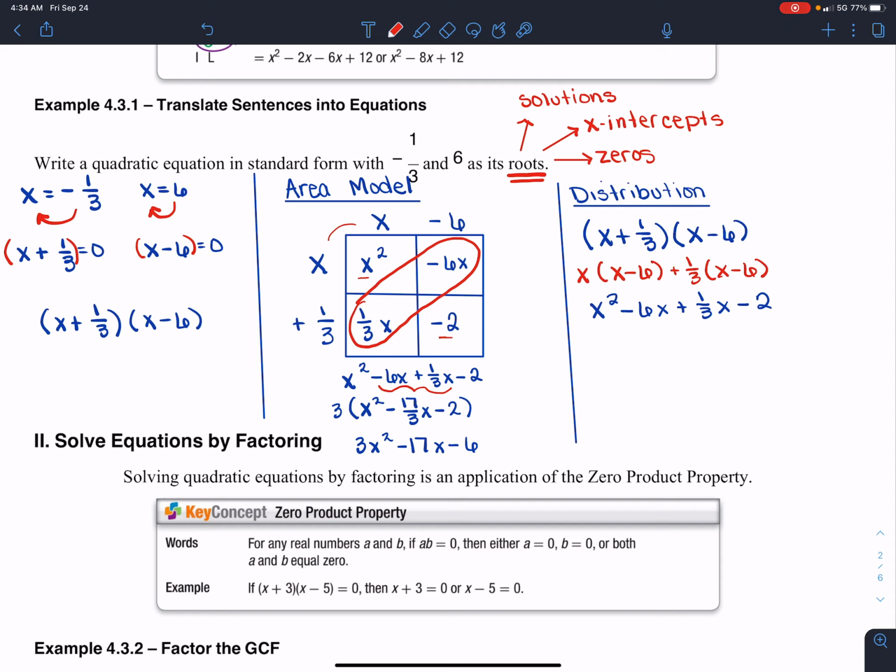Okay, if you see here that you have a fraction and you don't want that fraction, go ahead and multiply this entire thing times 3. If you don't want to look for those common denominators, then you would get 3x squared minus 18x plus x minus 6.